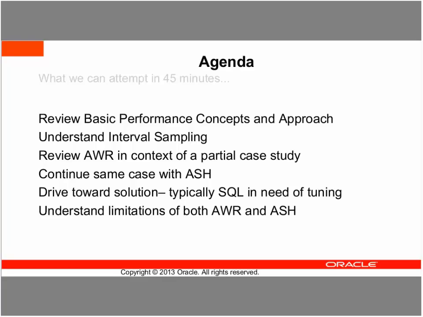Even though it's a very weird exception, it gives us a lot of opportunity to see how exceptions present themselves and how to identify a bottleneck and a session. So we'll do that. And then we're going to drive down toward a solution. As I said, typically you're going to be looking for a bad SQL statement of some sort, so we need to identify that, and this will help us do that. And then we'll talk a little bit also in the middle of this about the limitations of both AWR and ASH.